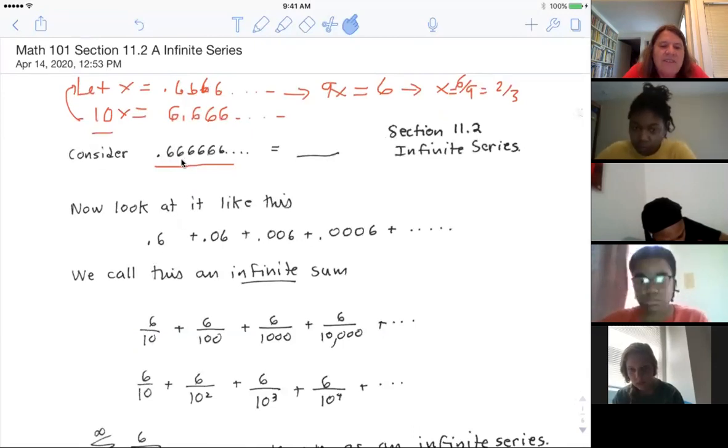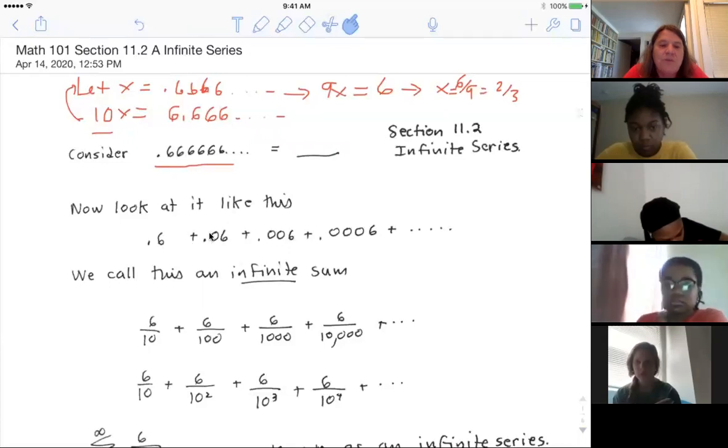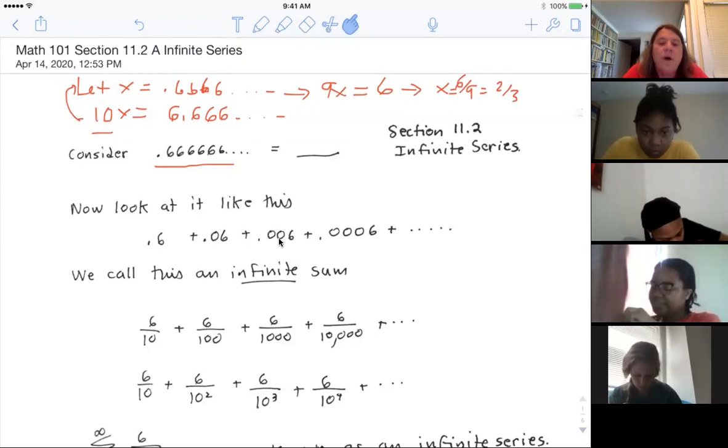If I want to get the second 6 in there, I'm adding 0.06. So if I just wanted the first two decimals, I get 0.6 plus 0.06 is 0.66. The next one I would add would be 0.006. So 0.6 plus 0.06 plus 0.006 is the first three. And I keep going like that.